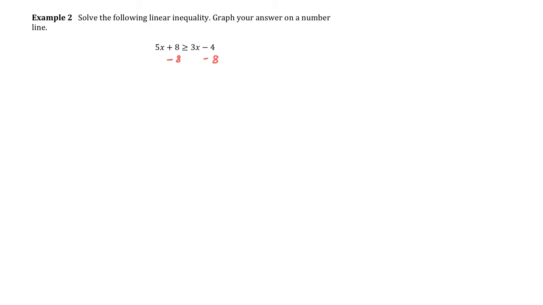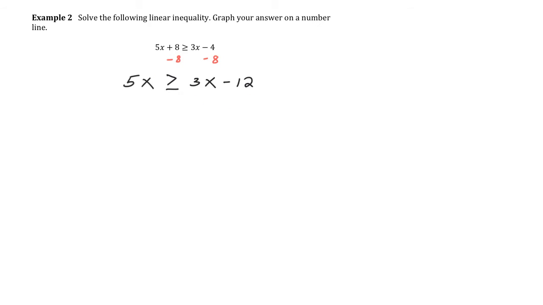And if I do that, I get 5x on one side. I get 3x minus 12 on the other, but you still have greater than or equal to. If the left side is greater than the right side and you drop them both by the same amount, greater than still has to be true.